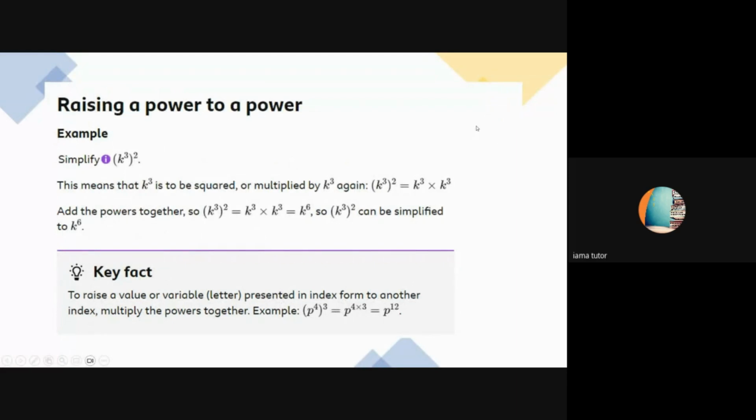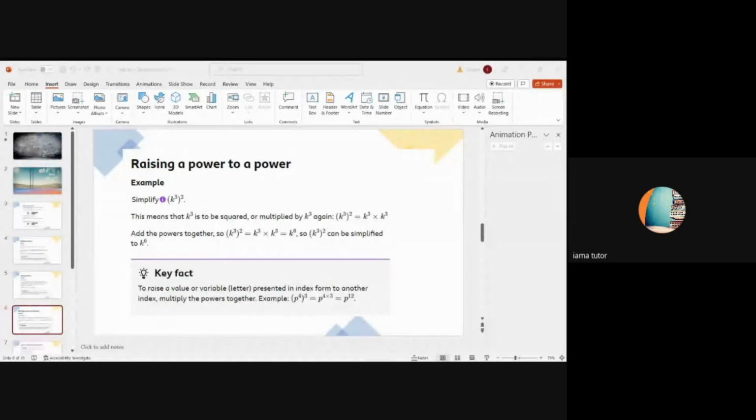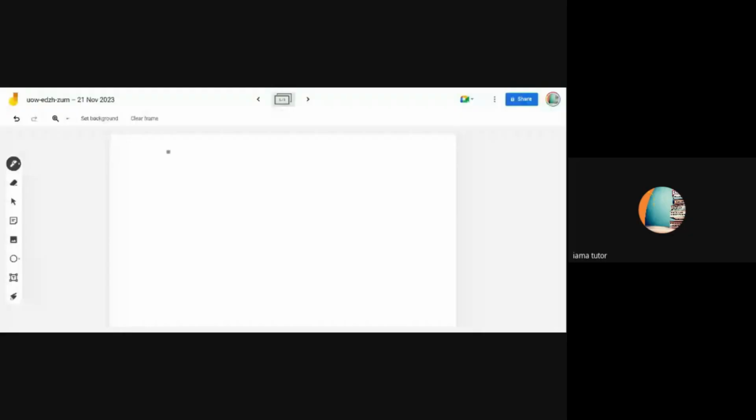This is the next law of indices, and we will try to understand it directly with a question. This is called the power law. Let's suppose you got a power 3 in a bracket, and outside the bracket you have 2. That turns out to be a power 3 times 2, which is a power 6.